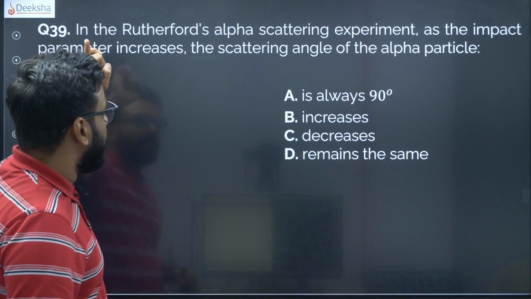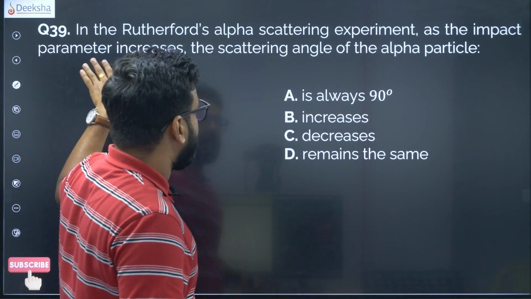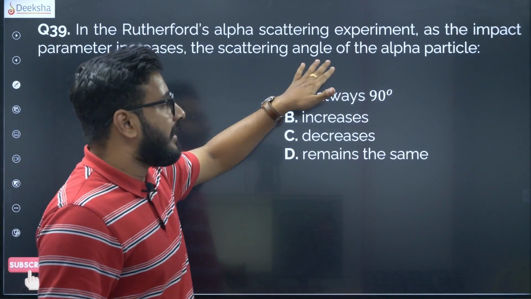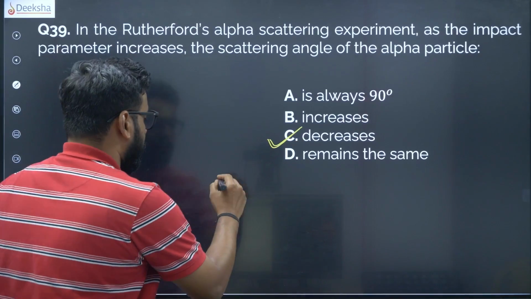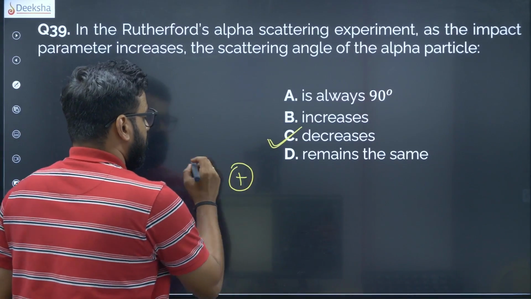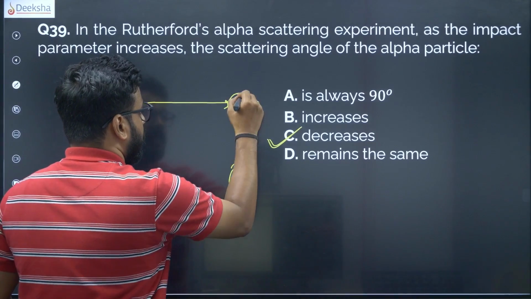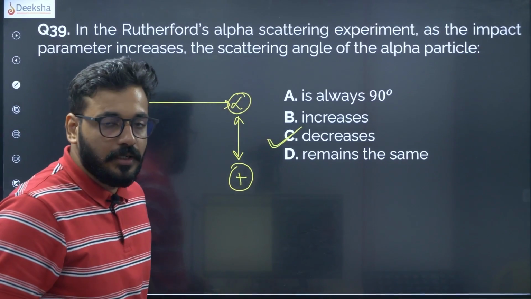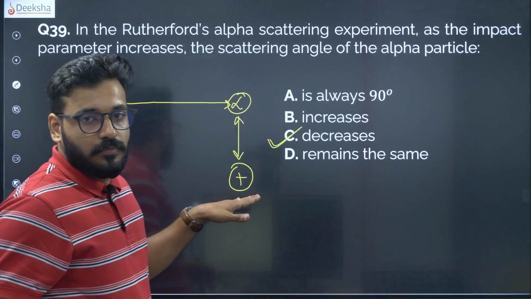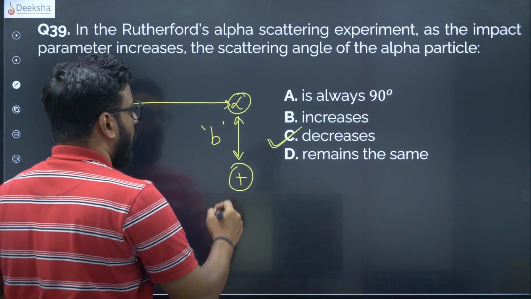Correct. Next question. In Rutherford's alpha scattering experiment, as the impact parameter increases, the scattering angle obviously decreases. Impact parameter is the perpendicular distance between the alpha particle and the target nucleus, represented by small b.